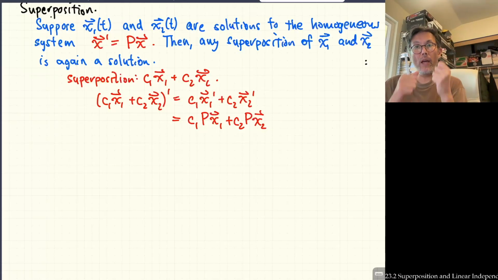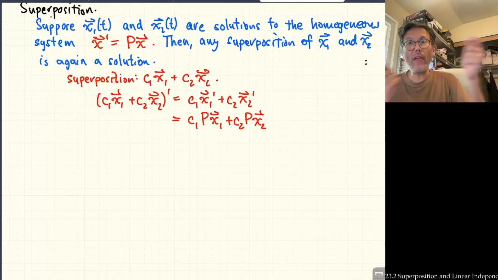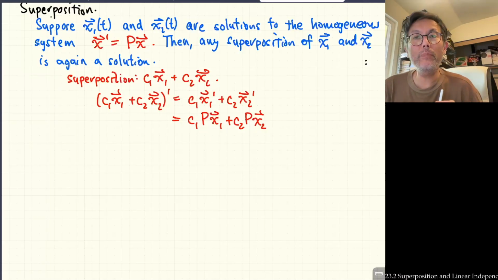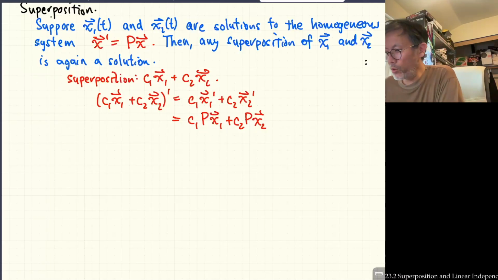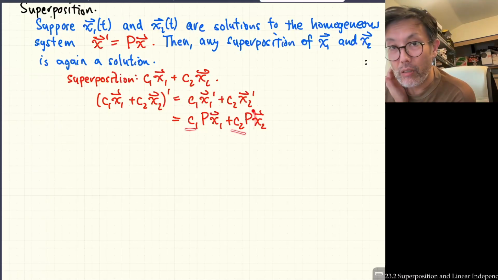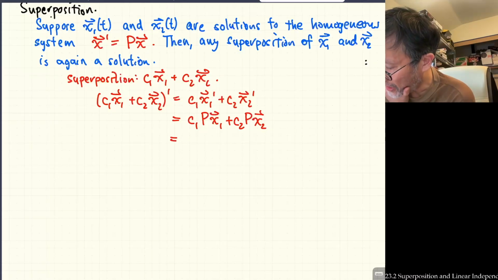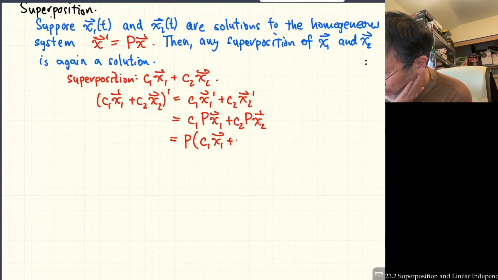Now, we know that when you have a constant mixed up in a matrix product, that constant can move around wherever it wants to be. All right, so I'm going to move the c1 and the c2 so that they are next to the x1 and the x2. And then I'm going to factor out the p. So I'm going to rewrite this as p times c1 x1 plus c2 x2.